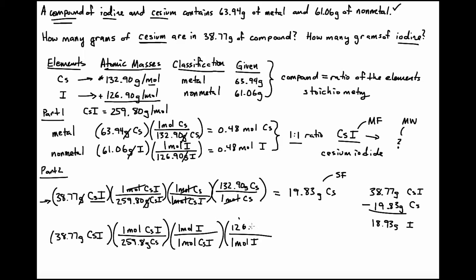126.90 grams of iodine. We go through, we see that grams of cesium iodide cancel out, moles of cesium iodide cancel out, moles of iodine cancel out, and we're left with the proper unit of quantity.